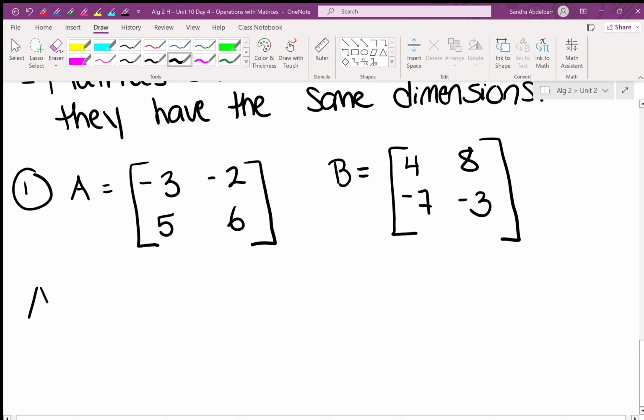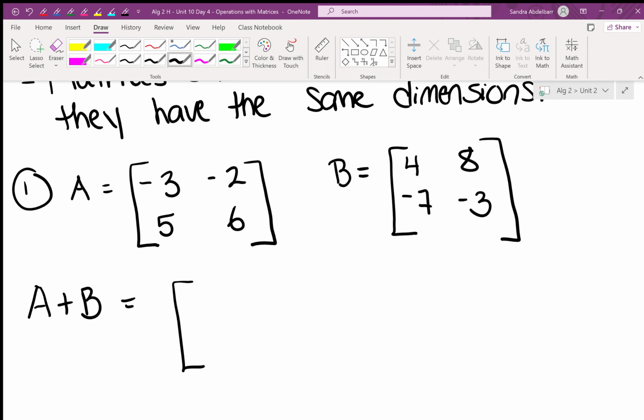So then if I ask you what's A plus B, so this is saying what's matrix A plus matrix B, all you're going to do is add the elements that are in the same position. So I'm going to add -3 with 4 because they're both top left. And then I'm going to add -2 with 8. Now let's go down to the bottom.